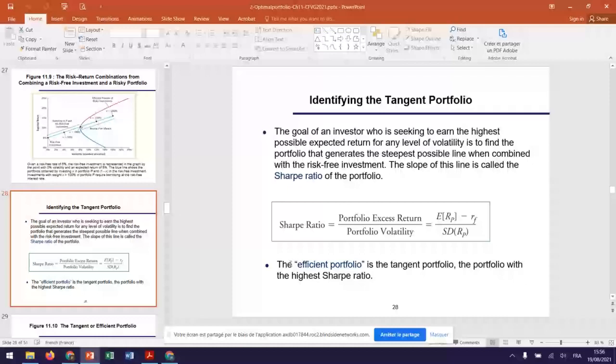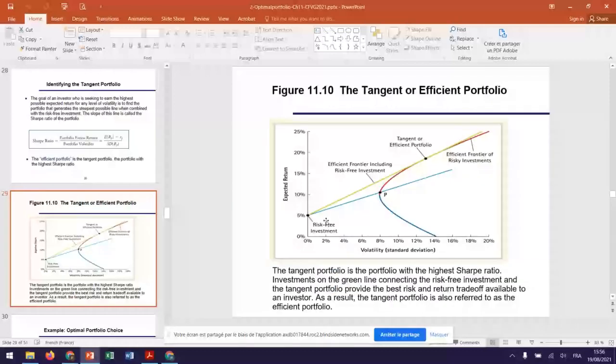This is the theoretical definition of the tangent portfolio, the best of the best. The efficient portfolio, which is the tangent portfolio, gives you the highest Sharpe ratio. If I take the blue line and move to the green line, the green line is better, isn't it?